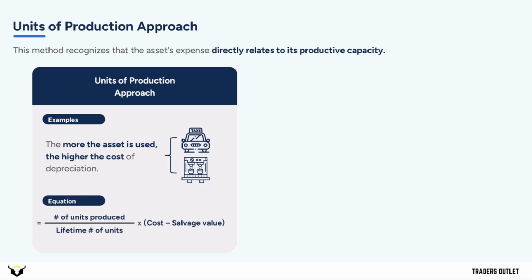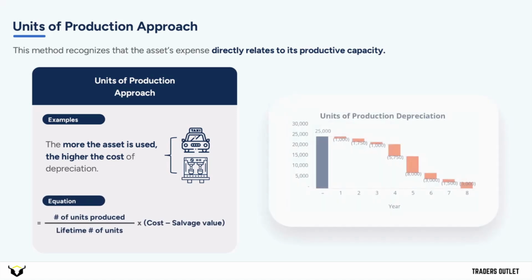Let's use the same example we've seen already with an asset costing $25,000, 0 scrap value, and an 8-year life. However, for this method, we also need some additional information. Let's also assume this piece of equipment will produce 50,000 widgets over its useful life and is expected to produce 2,000 units in the first year of use.